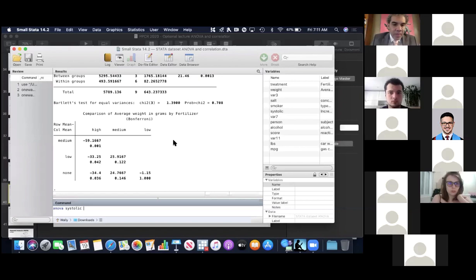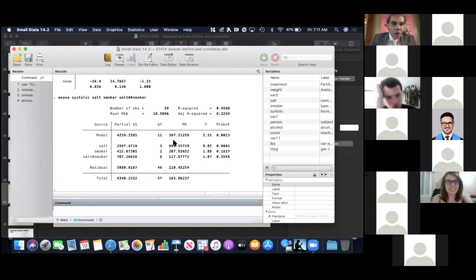Then I put salt, which is my first independent variable, and now I put smoker, which is my second independent variable. If I want, I can also search for an interaction between salt and smoker. This is the command, and I will now run it in STATA. Look how fast this is. I love it. Wow, you see?